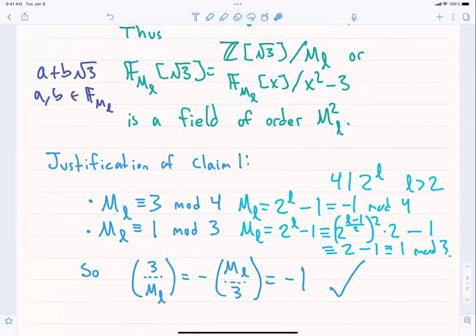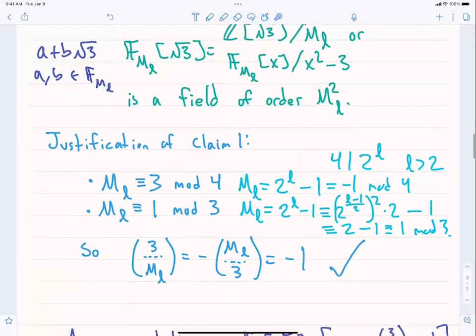But in particular, if it's a Mersenne prime, then I can use quadratic reciprocity, which tells me the Legendre symbol of 3 over M_L is minus the Legendre symbol of M_L over 3, because both M_L and 3 are congruent to 3 mod 4. But the Legendre symbol of M_L over 3 is 1, because M_L is congruent to 1 mod 3, so M_L is a square mod 3.